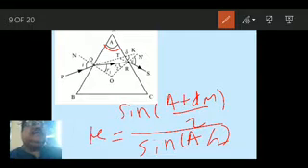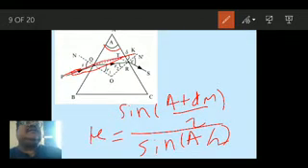You can see here this ray of light, it would have gone straight in absence of the prism, as light travels in a straight line. But due to this prism, the emergent ray is here. So this angle is called angle of deviation.